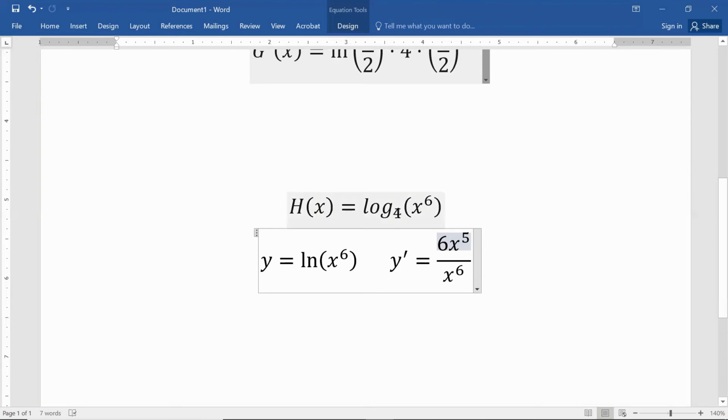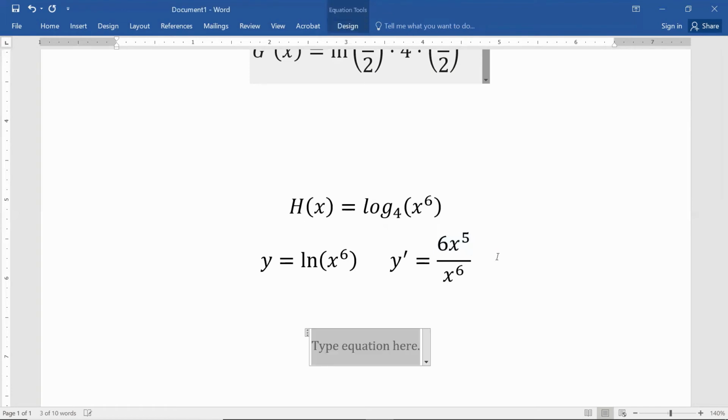But now, because we have a log base 4, I have to throw in another multiplication.